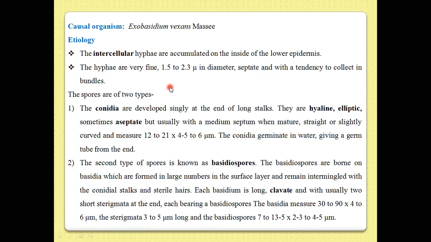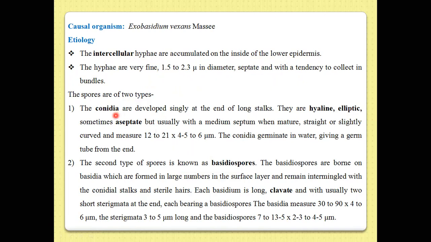So Exobasidium vexans produces hyphae and mycelia. These hyphae and mycelia grow inside the lower epidermis of the host cells by forming intercellular hyphae. This intercellular hyphae grows in an intercellular manner inside the host cells and produces the conidiophore and conidia.